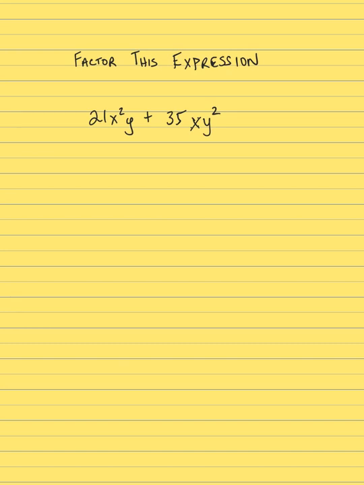I'm not going to do this right now in the interest of time, but I did want to tie this into the rather confusing end of yesterday's lesson, which is this idea of being able to factor an expression, right? So in the previous problem, we simplified 21x squared y over 35xy squared. I've got the same things here, except I put them side by side.